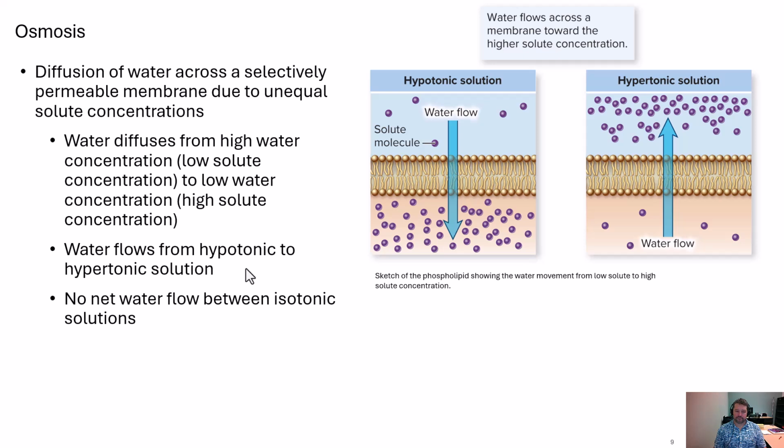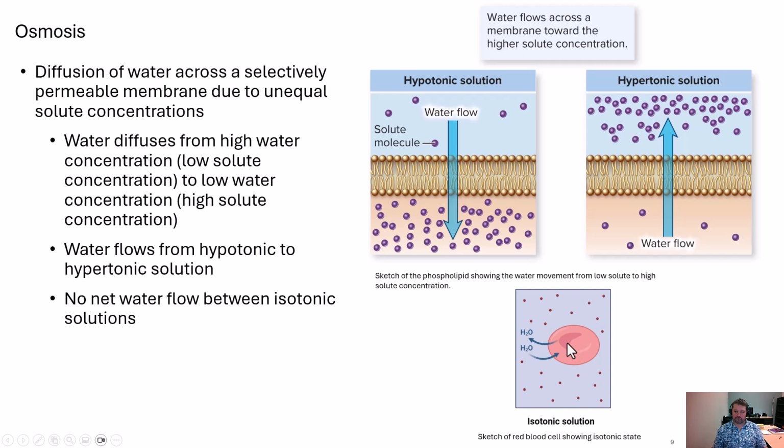Okay, and then we normally will say that if there's no net water flow or no real difference, so again, just like diffusion, water will be moving back and forth. Even when it's isotonic, water will be moving back and forth, and that's what this picture is indicating.